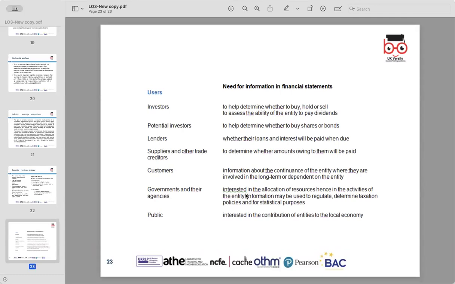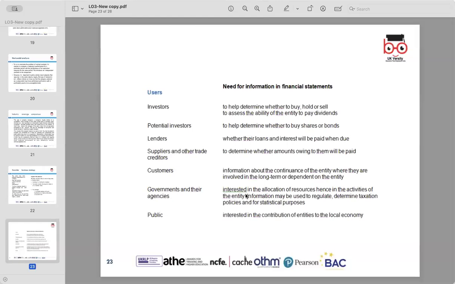Suppliers and other trade creditors determine whether amounts owing to them will be paid. Customers need information about the continuance of the entity, whether they are involved in the long term or dependent on the entity.